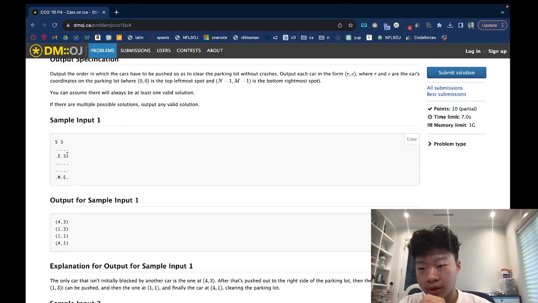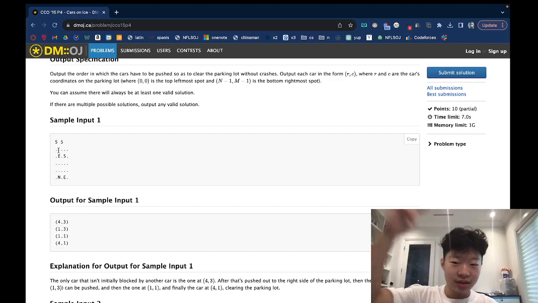So the top sort is basically everybody in its path needs to be gone before it goes. But what if you find somebody in your path that goes the same direction as you? Then you only have to wait until that guy goes, then you can go. Because if that guy goes, then everybody above it is gone as well.